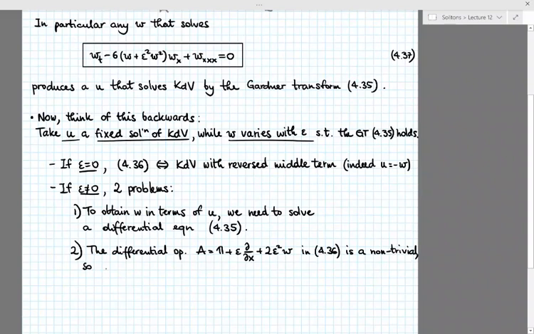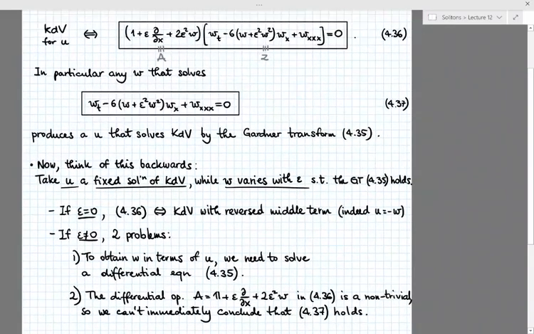And so we cannot immediately conclude that equation 4.37 holds. What we know is that equation 4.36 holds, and that while equation 4.37 implies equation 4.36, the opposite implication is not true if the operator A has a non-trivial kernel.